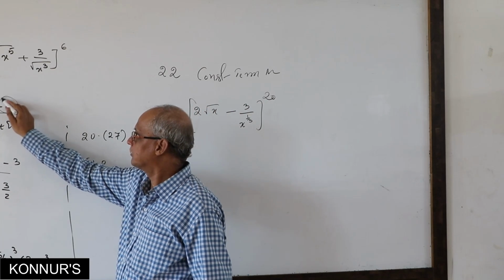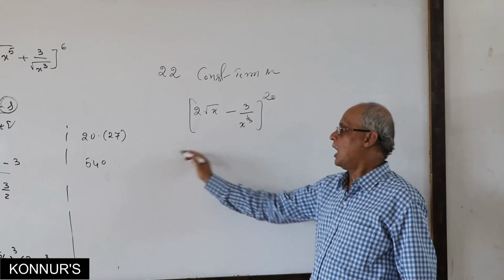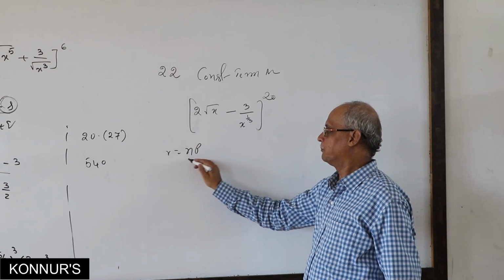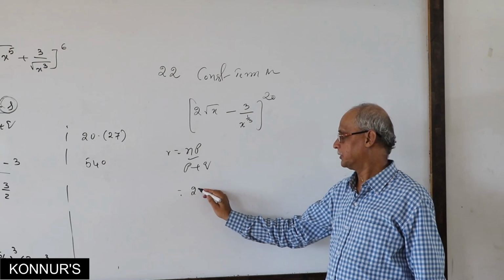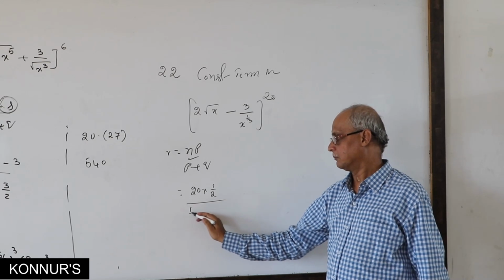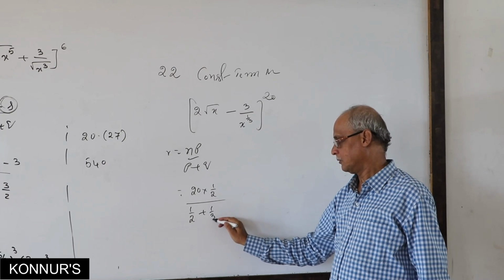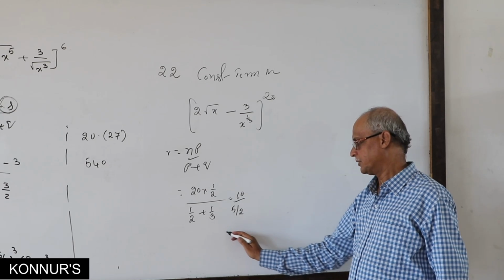This will be 0. This is not there. R is n times p over p plus q. With that, 20 multiplied by p value 1 by 2, over 1 by 2 plus 1 by 3. 10 by 5 by 2 means 4.